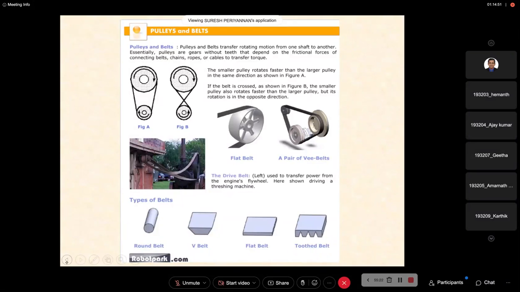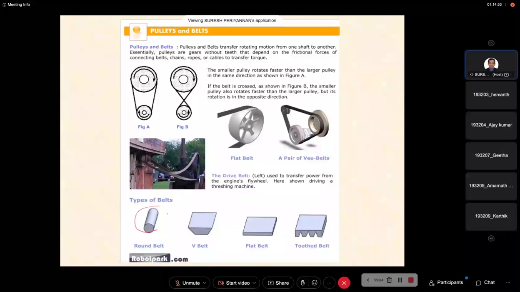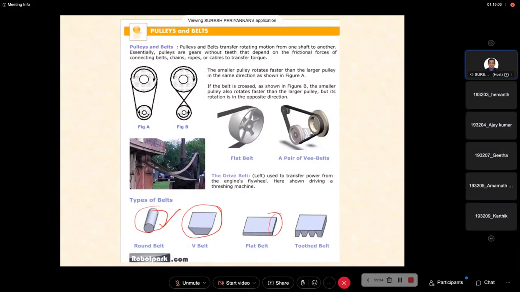I stopped here. See, these are the types of belt based on cross section. This is a trapezoidal cross section. This is a round cross section. This is the rectangular cross section. This is a toothed belt, which can be used in the valve activating mechanism. This can be used for long distance power transmission.